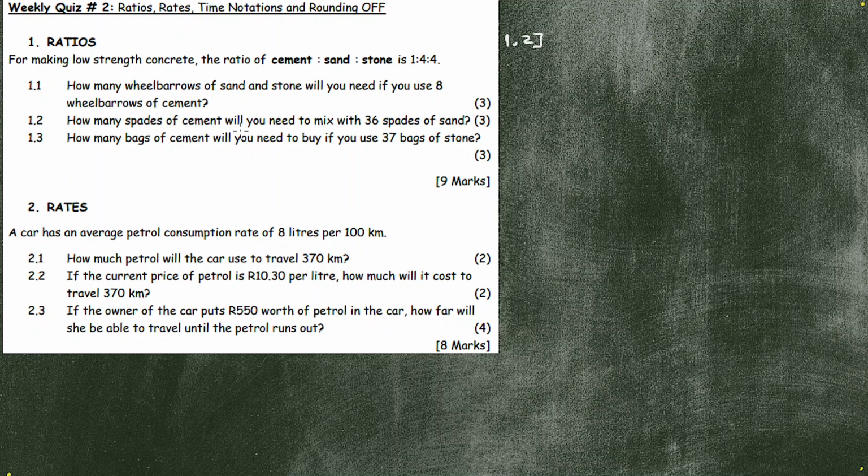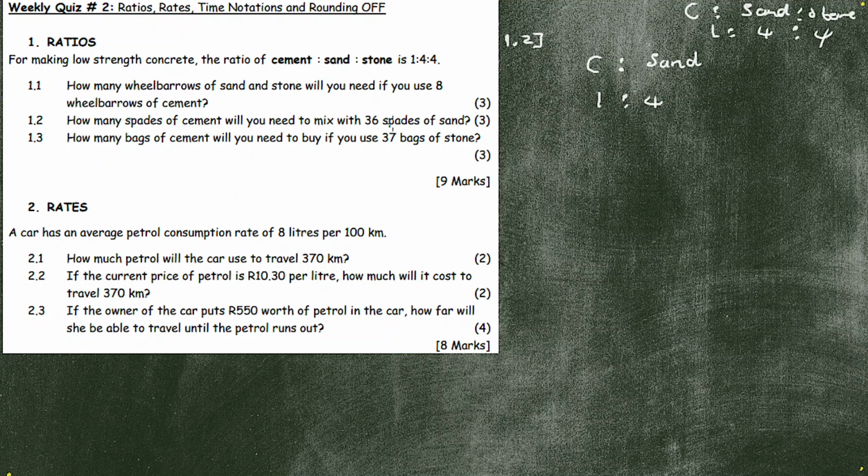How many spades of cement will you need to mix with 36 spades of sand? So I have a ratio of 1 to 4 between cement and sand. Our ratio of cement, sand, and stone is a 1-4-4 relationship.